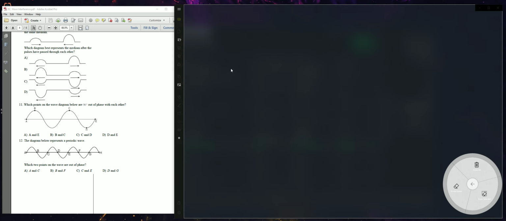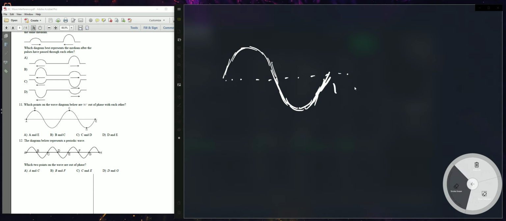11. Which points on this wave diagram below are 90 degrees out of phase with each other? So again, out of phase. Let's actually draw this first.